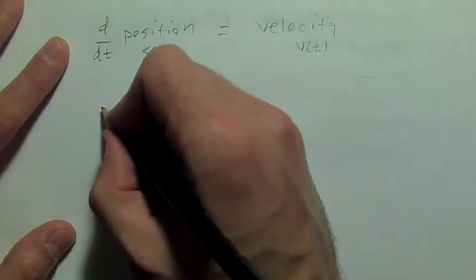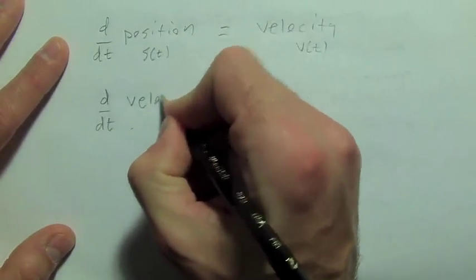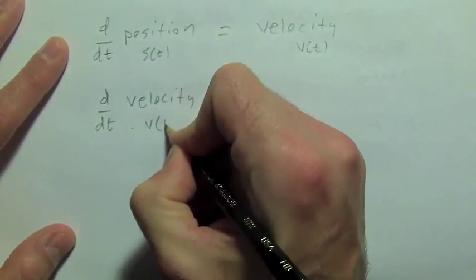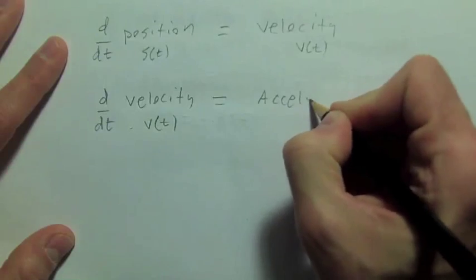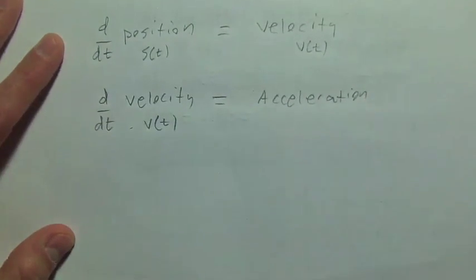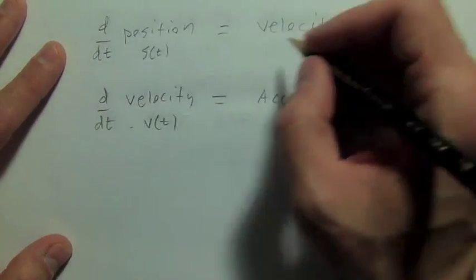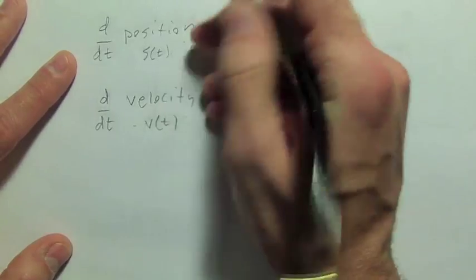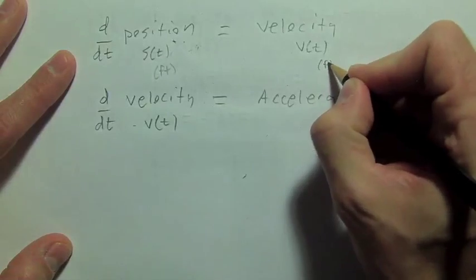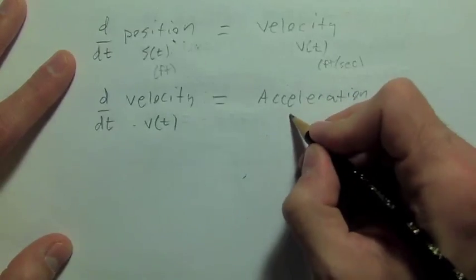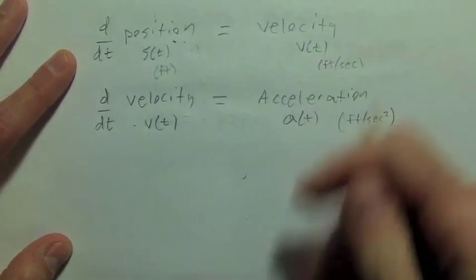And we can take it a step further and say that the derivative with respect to t of the velocity is acceleration. That's the rate of change of the rate of change. Fair enough? So s of t is in feet, v of t is in feet per second, and acceleration, which we call a of t, is in feet per second squared.